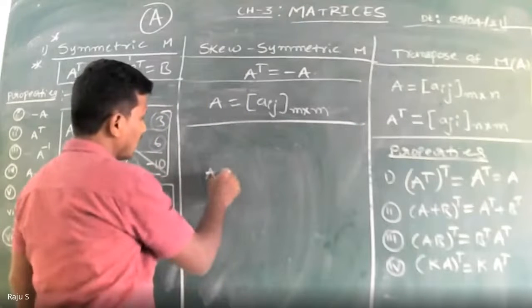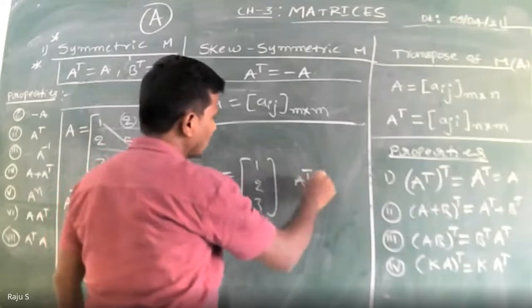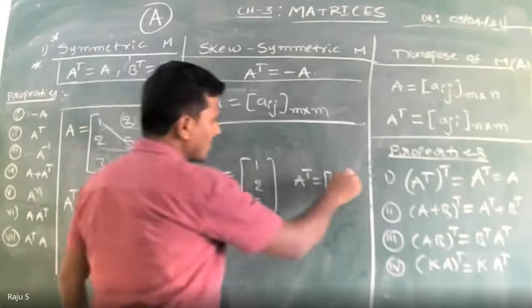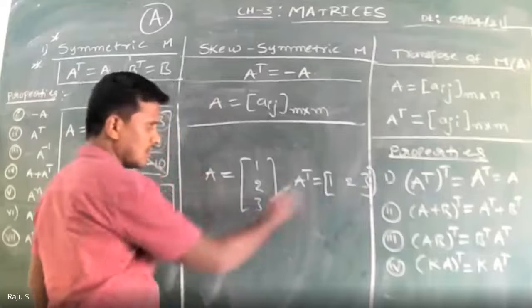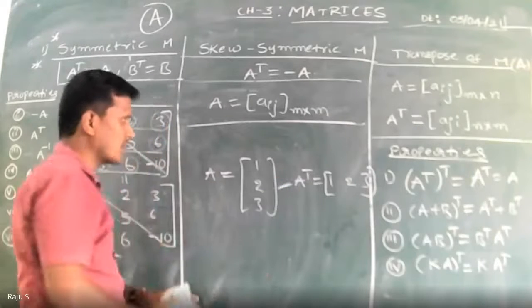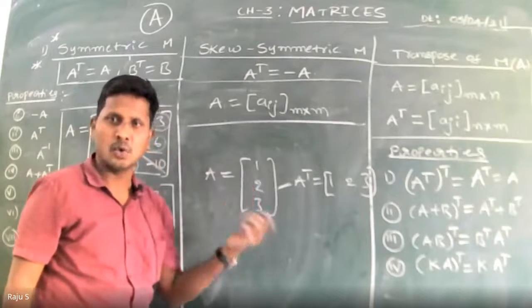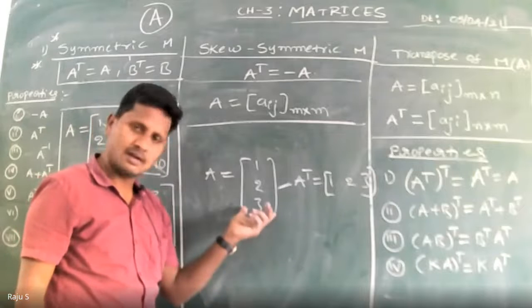Like A is equal to 1, 2, 3. What is A transpose? Here it is a column matrix, so the column becomes a row. I said it very clearly, that is the transpose of a matrix. Is A power T equal to A? No, because it is not square.